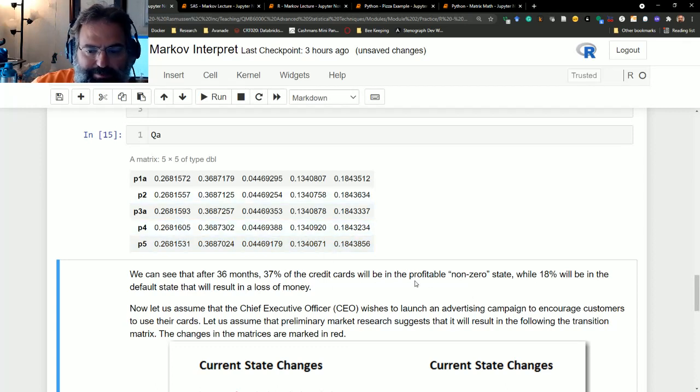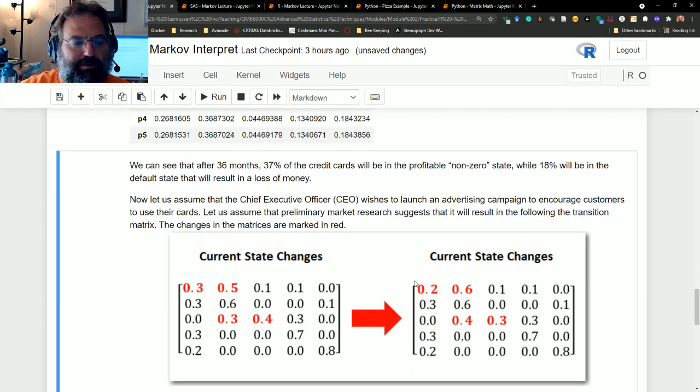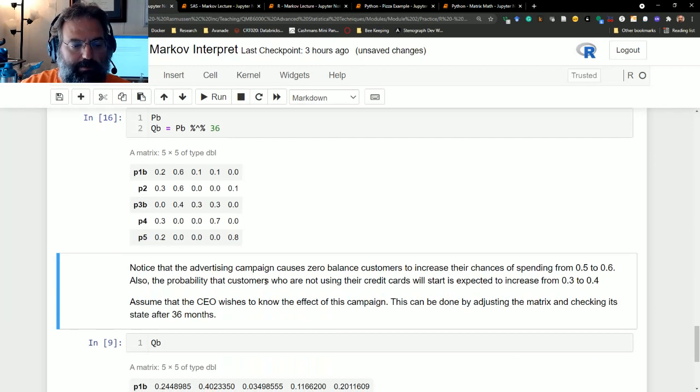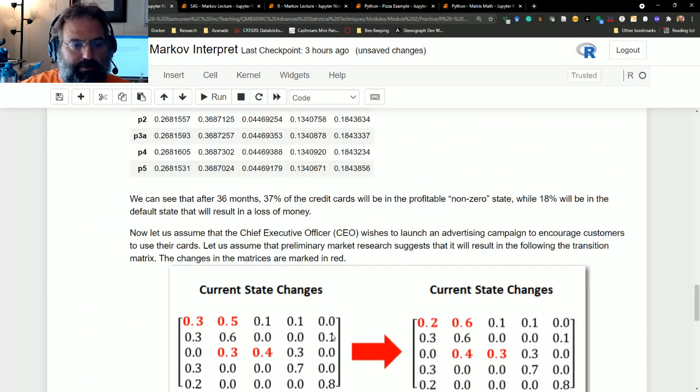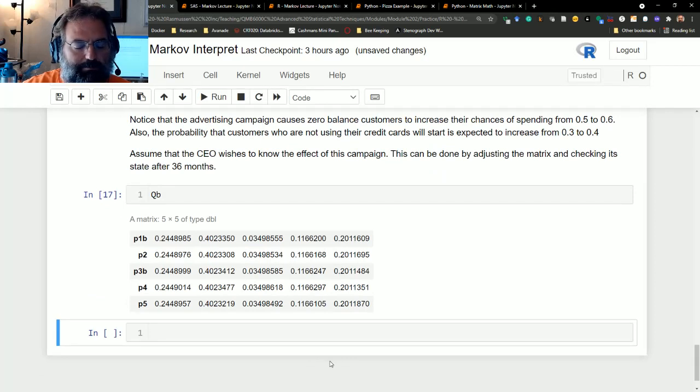You reach some sort of level with credit cards typically, unless you're very diligent. So then the scenario is, well, what if? What if they do something where they can change the probabilities of things occurring, making some minor changes, and then they can model that by doing the same sort of approach and getting back the results showing where things are based upon that. So it's shifting it somewhat from where the ending state is likely to end up after 36 months.